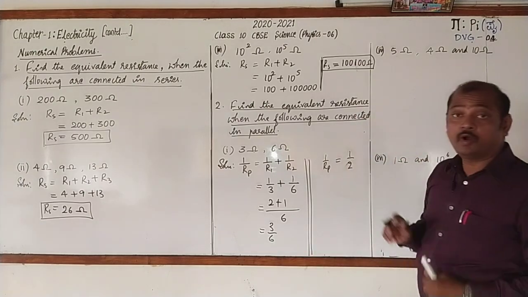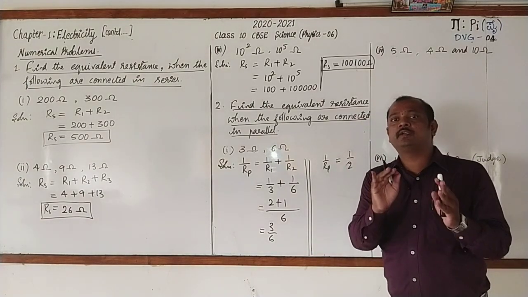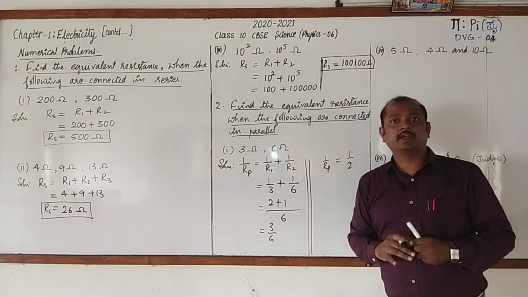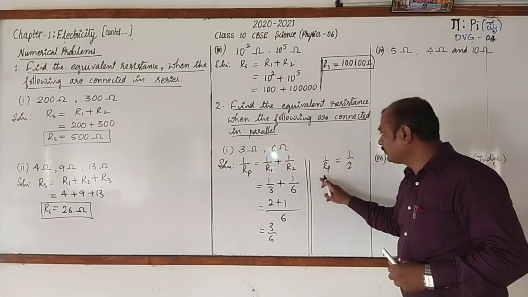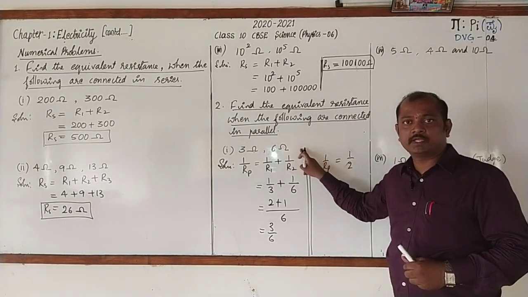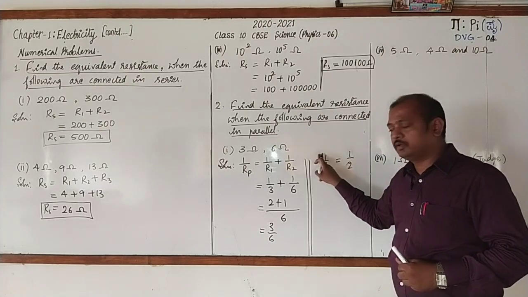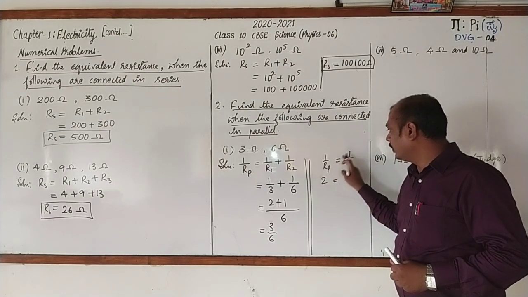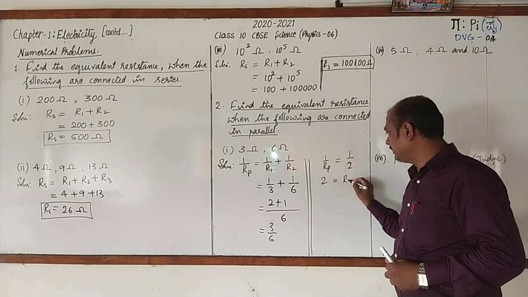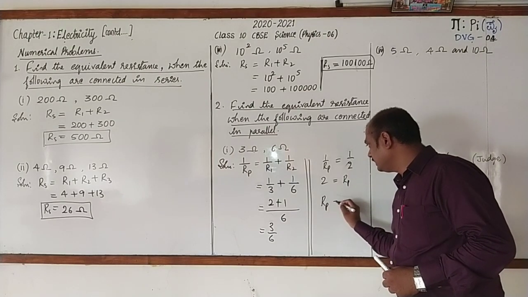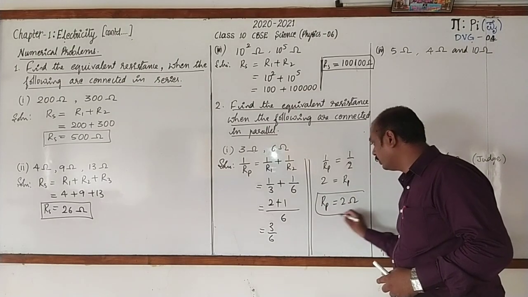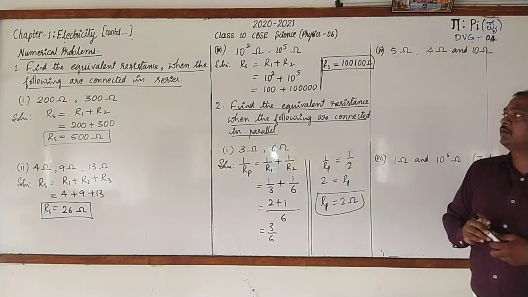Followed? We want only Rp, the equivalent resistance when the resistors are connected in parallel. Hence I take cross multiplication. 2 into 1 is 2, 1 into Rp is Rp. So Rp is equal to 2 ohm. This is the effective resistance.